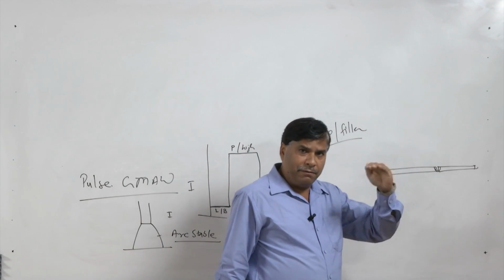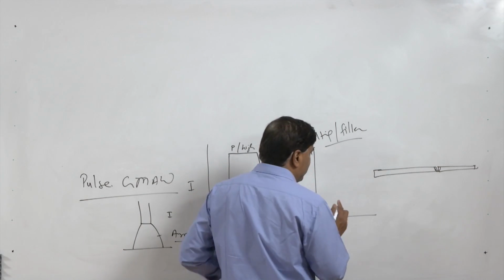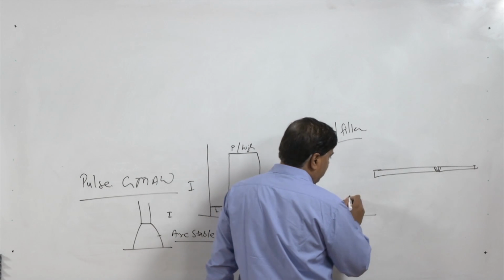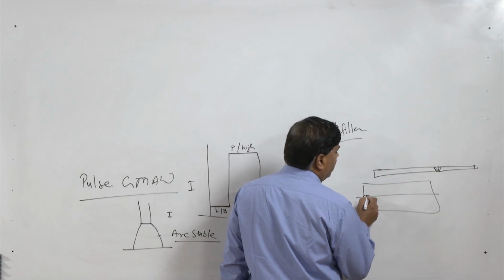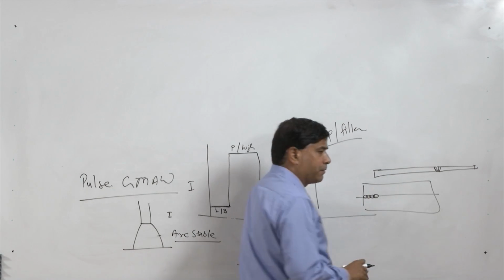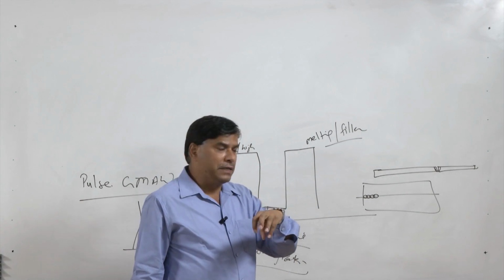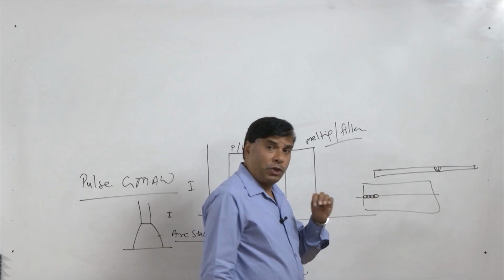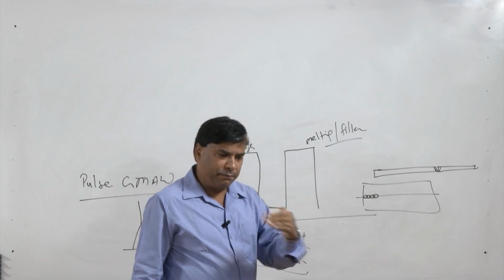The pulses will be supplied at different intervals as per the chosen frequency. If this is the weld line, one pulse will come here, another pulse will come here, another here, at certain intervals of time. One pulse will develop one pool, melt through thickness will take place, then its solidification will take place, and then another pulse will come after some time.